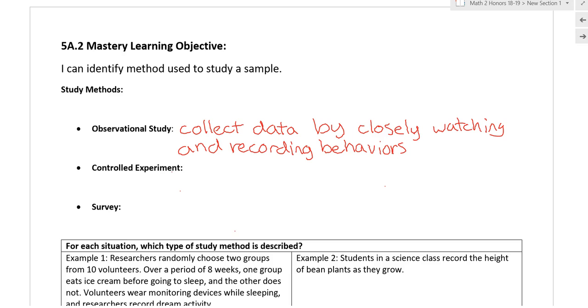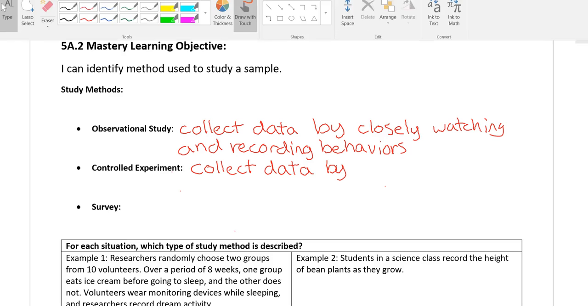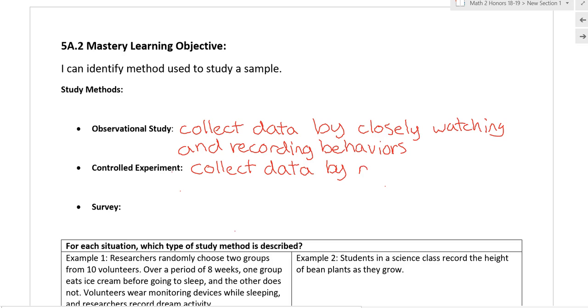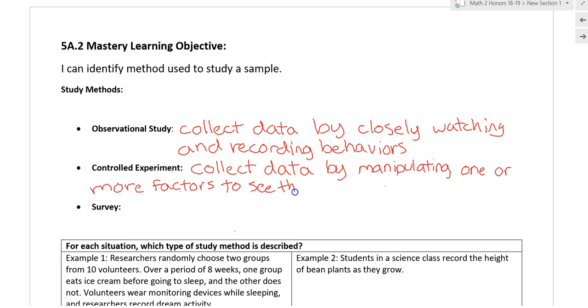A controlled experiment is where we collect data by manipulating one or more factors to see the effects on behavior.